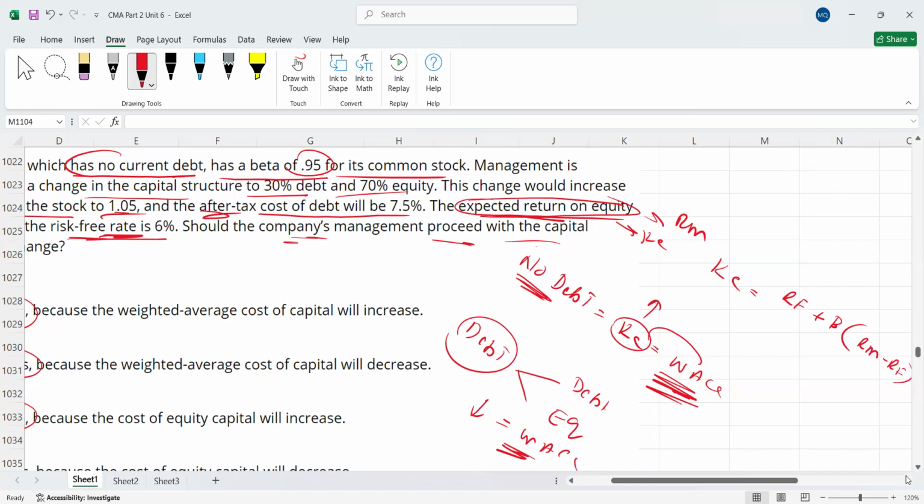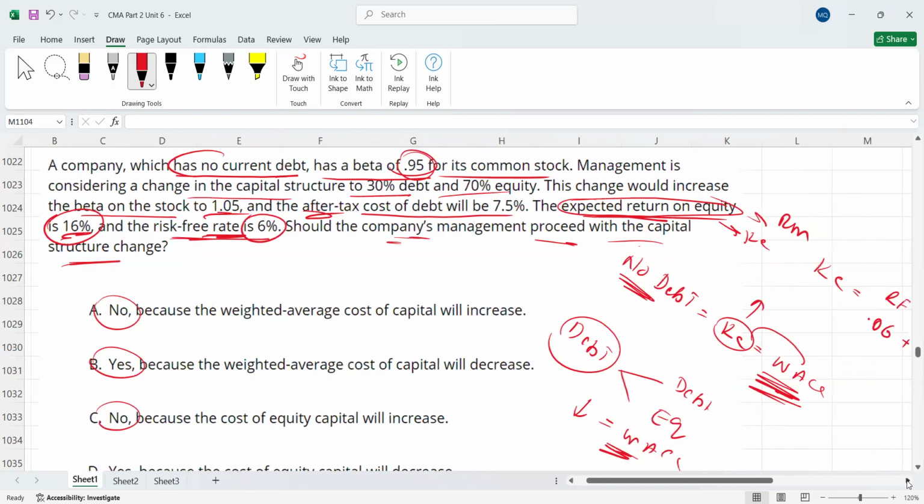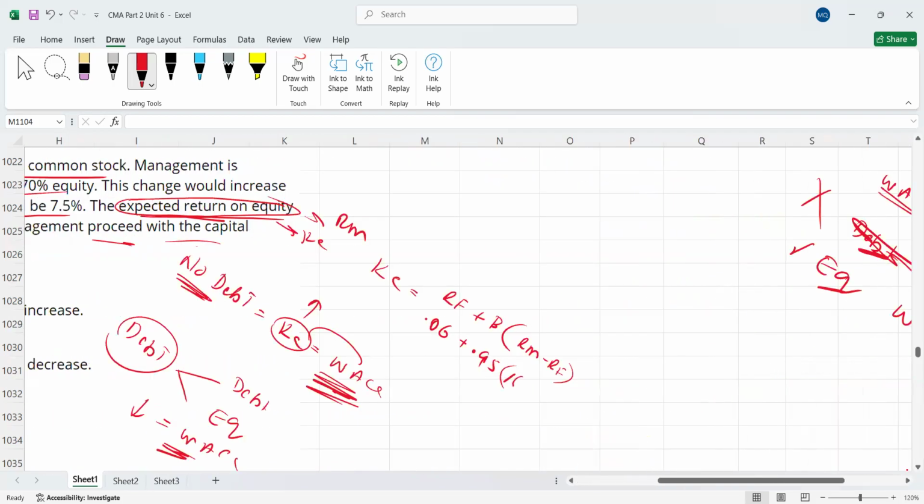The risk-free rate is given as 6%, so you can write it as 0.06. The previous beta was 0.95. The return on market, the return on equity, is 16%, so you can write 0.16 minus the risk-free rate 0.06.